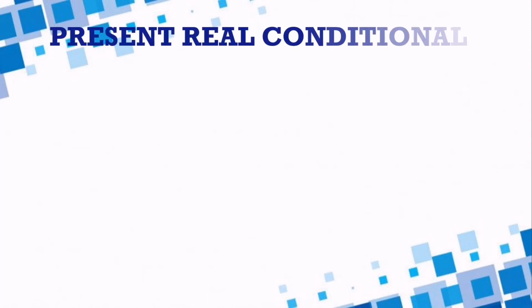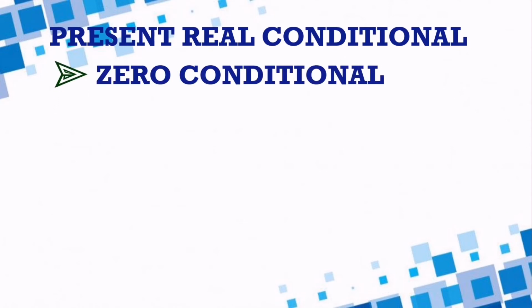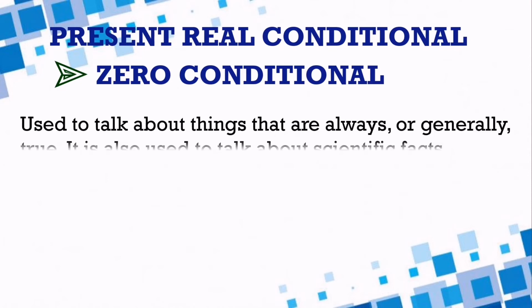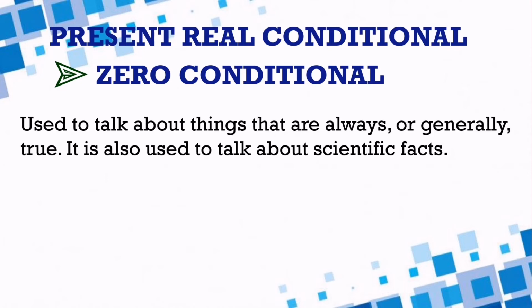Let us begin with the first type, which is present real conditional, or otherwise known as zero conditional. This type of conditional sentence is used to talk about things that are always or generally true. It is also used to talk about scientific facts. When we say scientific facts, these are statements based on scientific studies.